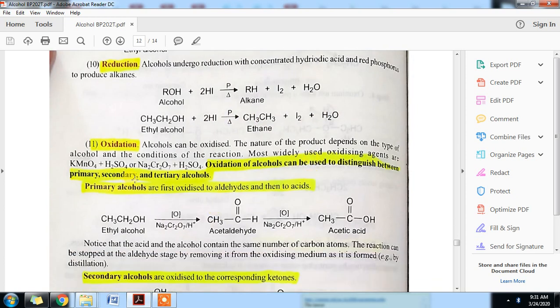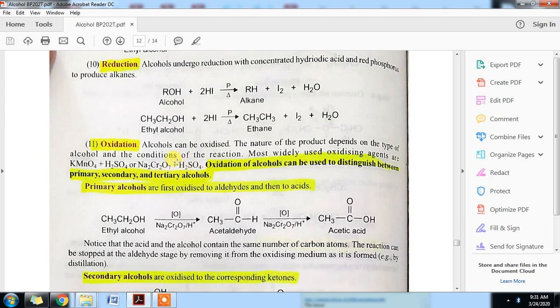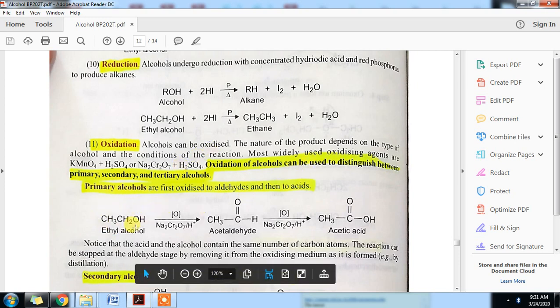We have studied oxidation, which is nothing but addition of oxygen or removal of hydrogen, for CH3CH2OH, we know this one, right? The oxidizing agents are KMnO4 with H2SO4, or sodium dichromate with chromic acid and H2SO4. What is happening now depends on the type of alcohol. Upon oxidation, whether it forms an aldehyde or ketone: primary alcohol is supposed to give aldehyde, secondary alcohol is going to give the ketone.